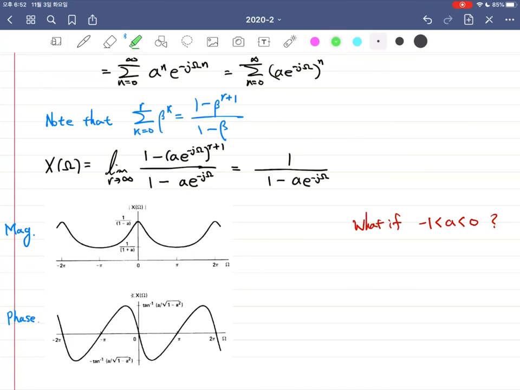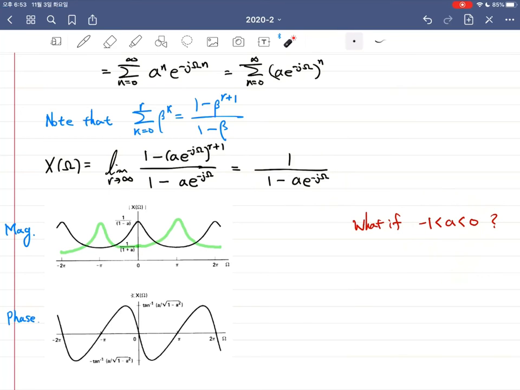So I think it will become like this. Okay? If I have this range of a, you can switch 1 over 1 minus a and 1 over 1 plus a to represent this Fourier transform for this range of a.